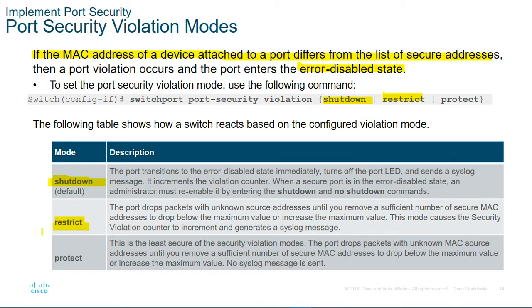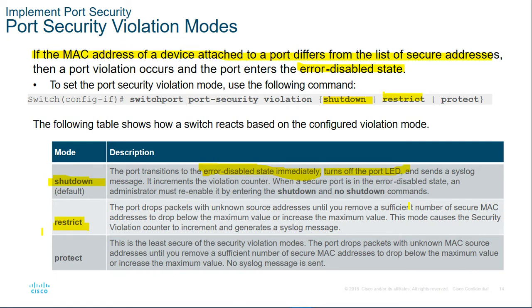If you configure the port security violation mode as shutdown, and a violation occurs, the port will immediately turn into the error disabled state. The port will be manually shut down, in error disabled state, and the port LED light will be switched off.